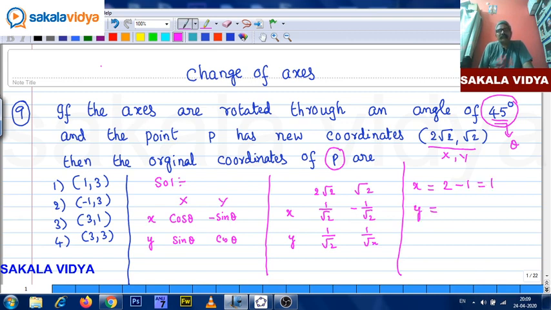Now y: 2 root 2 into 1 by root 2 will be 2, plus root 2 into 1 by root 2 is 1, equals 3. So the original coordinates are 1 comma 3. That means the first option is the right option.